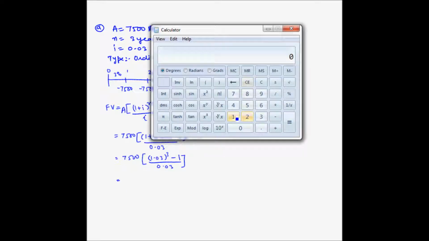So 1.03 cube, minus 1, divided by 0.03, and multiplied by 7500. So this will give a future value of 23,181.75 rupees.